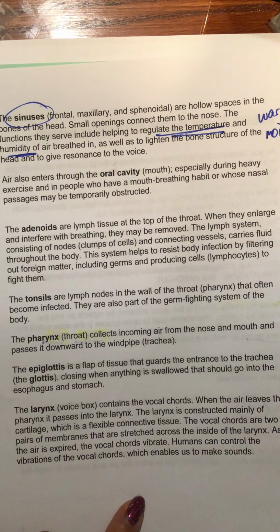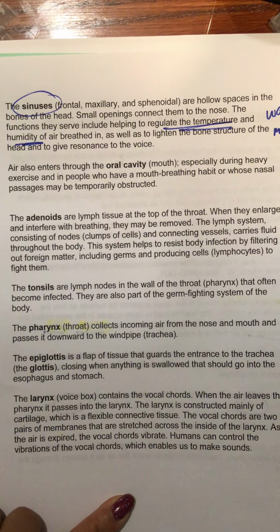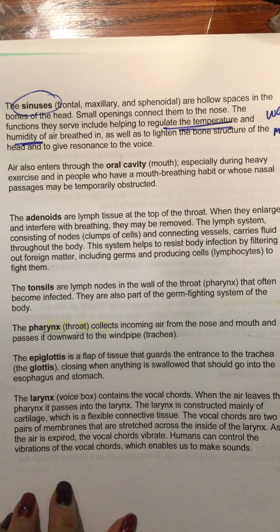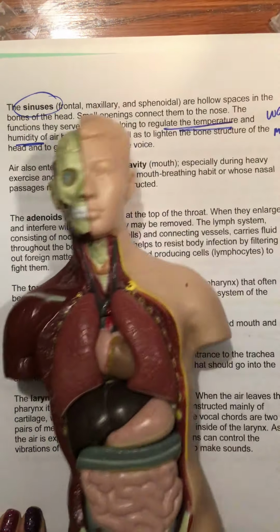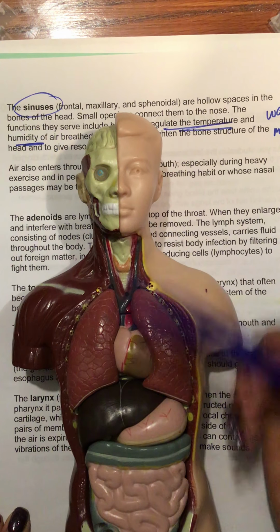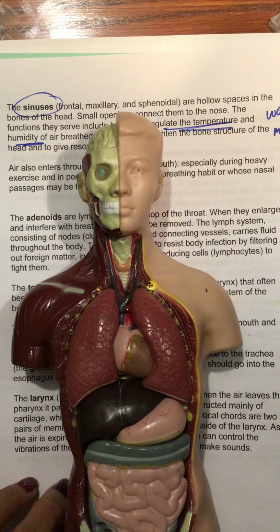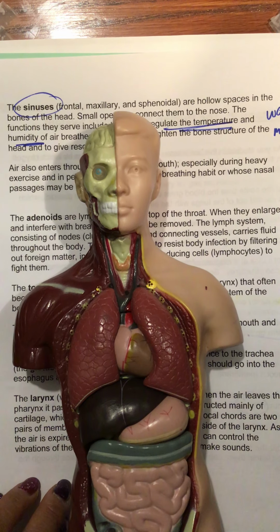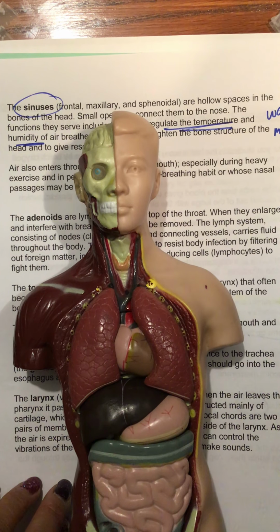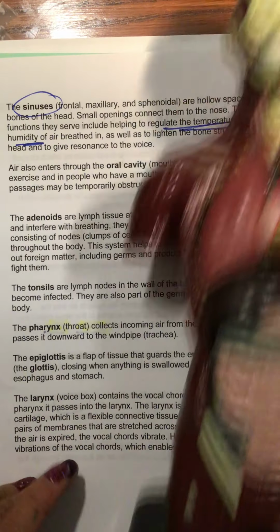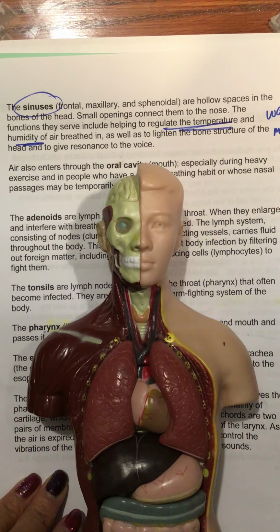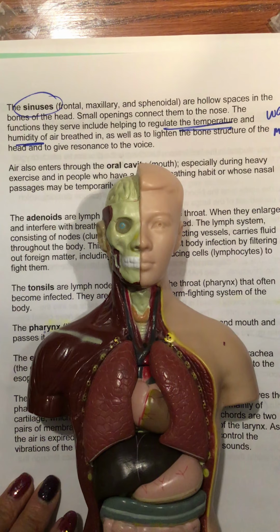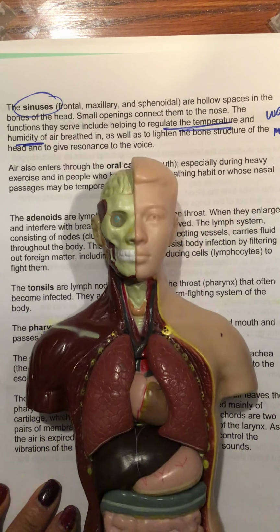Sometimes, however, when we get infected by bacteria or viruses or any other particles in allergic reactions, those sinuses can be flooded or fill with mucus. So the extra mucus, again, is our body's attempt to trap and remove those microparticles that shouldn't be in our lungs. However, when they do get overwhelmed with mucus, the sinuses can get inflamed, and we call it sinusitis.